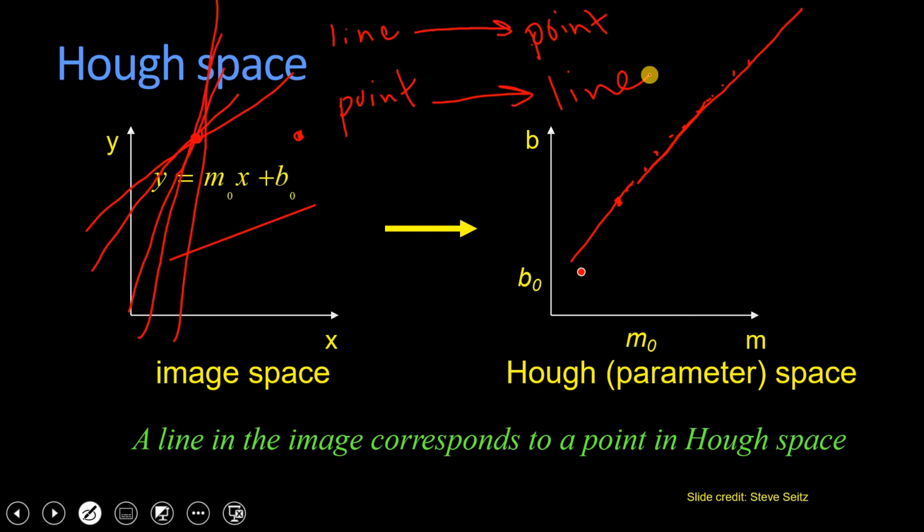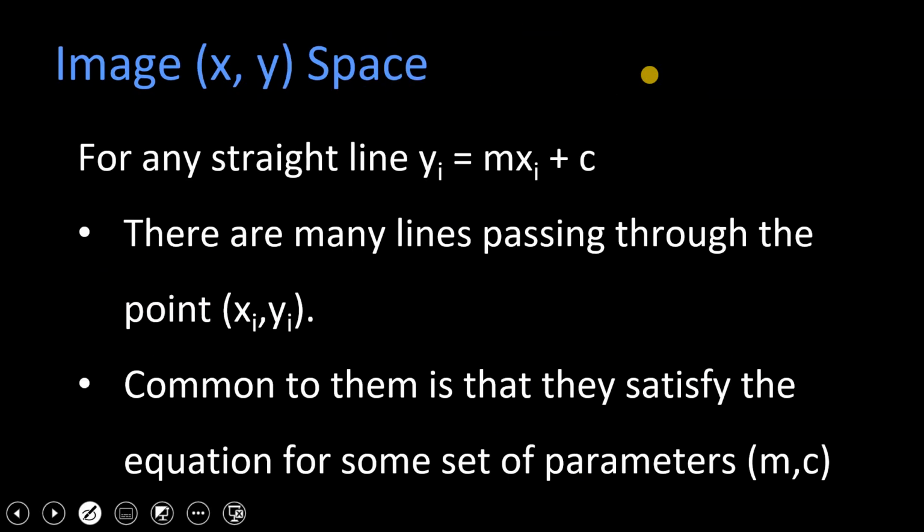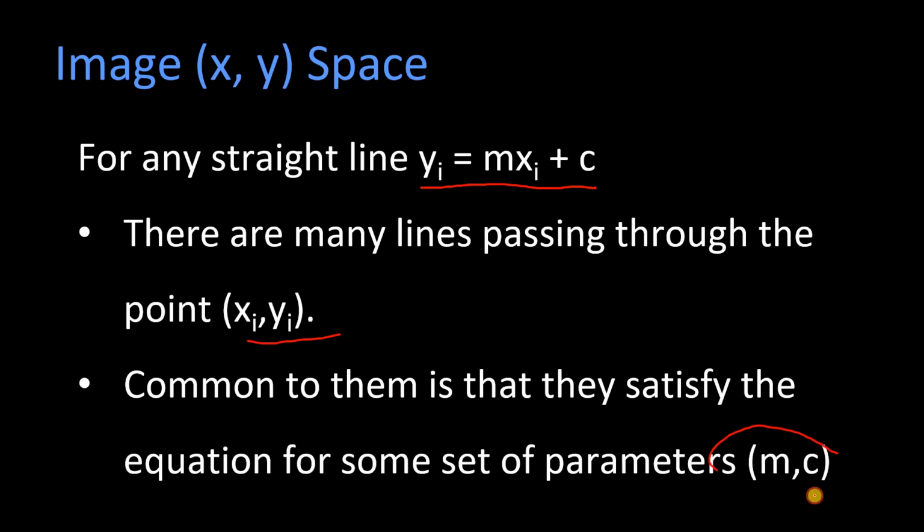So this is what we want to focus on, why we want to use it. So what's the reason? That we will now discuss next, why we do this. So for now, the summary is that in the case of image space, for any straight line y equals mx plus c, there are many lines passing through a point, for example any point. Common to them is that they satisfy the equation for some set of parameters m and c.